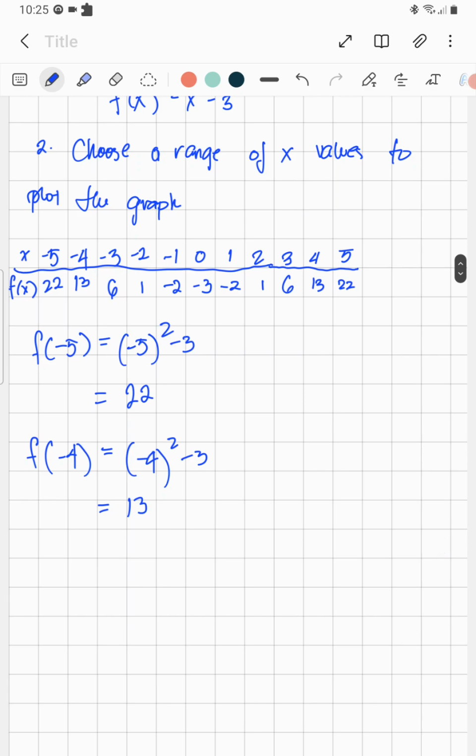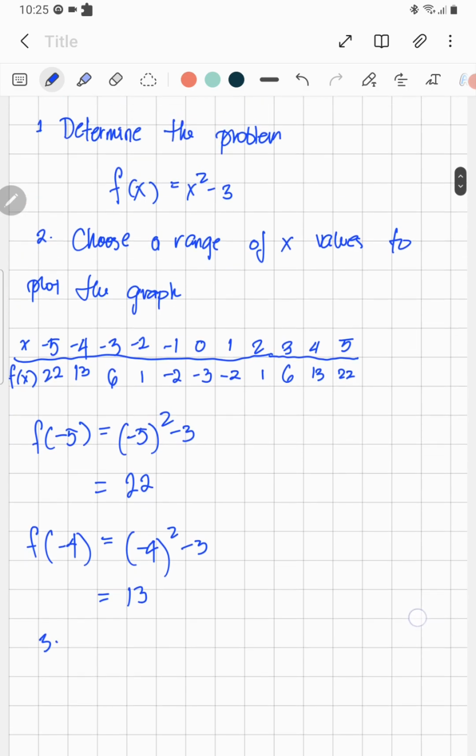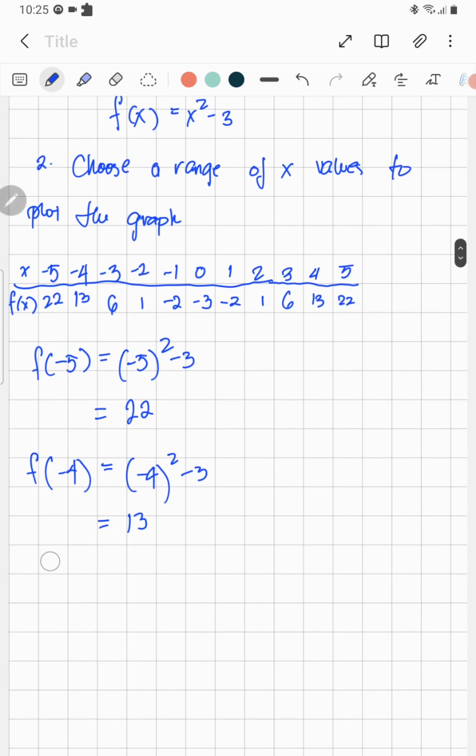Okay? For our step number 3, my apologies, dito pala yung step number 3 natin.